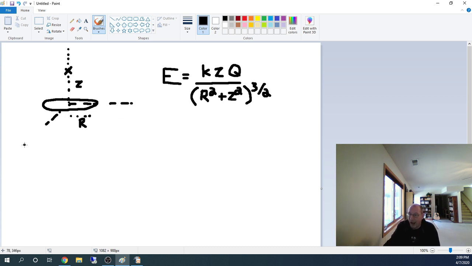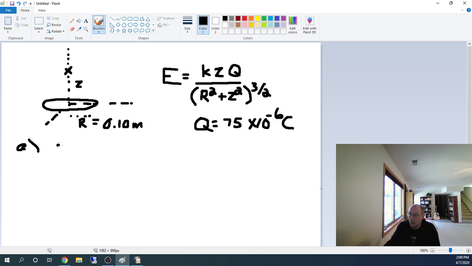So part A, and so this R, I'll put this here. R in this case happens to be, they say it's 10 centimeters, so it's 0.10 meters. The charge on the ring is 75 microcoulombs, 75 times 10 to the minus 6 coulombs.